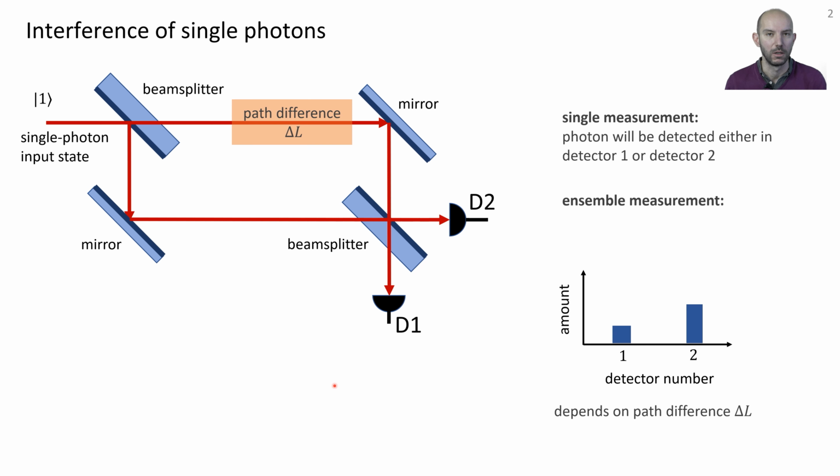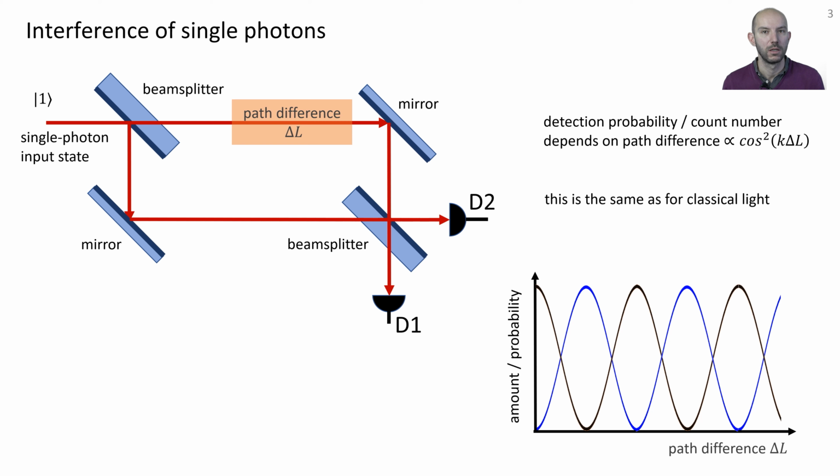And this can be understood in terms of interference in very much a similar way as for classical interference, because if we plot here the probability to count the photons in detector 1 or in detector 2, given by the two colors, then we will find that they depend on the path difference with a cosine square law as shown in the top here.